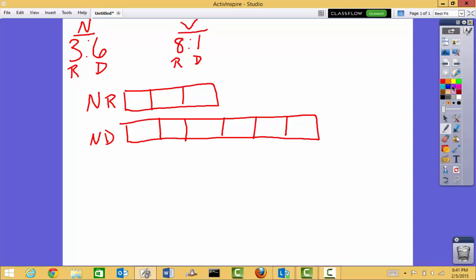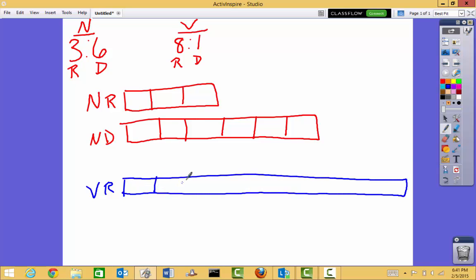Okay, now I'm on my Valentine's roses, and I look up here and I see that's 8. So that's going to be my biggest tape diagram. And it's broken up into 8 parts. 1, 2, 3, 4, 5, 6, 7, 8. And then those poor daisies on Valentine's, they only are sold for every 8 roses one time.